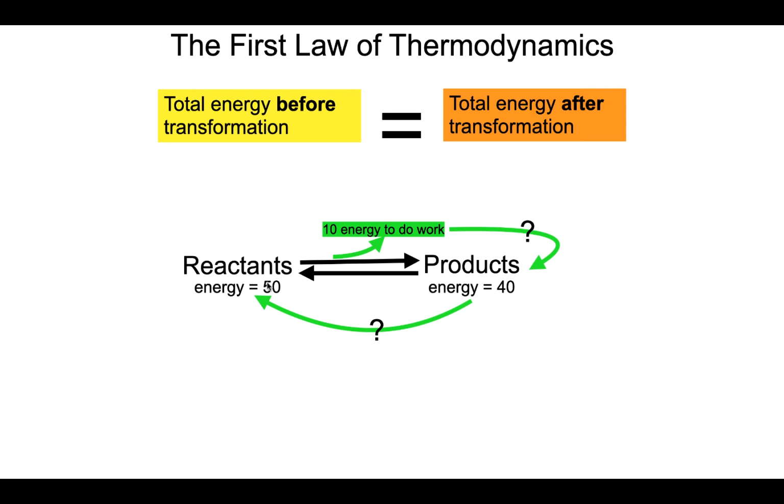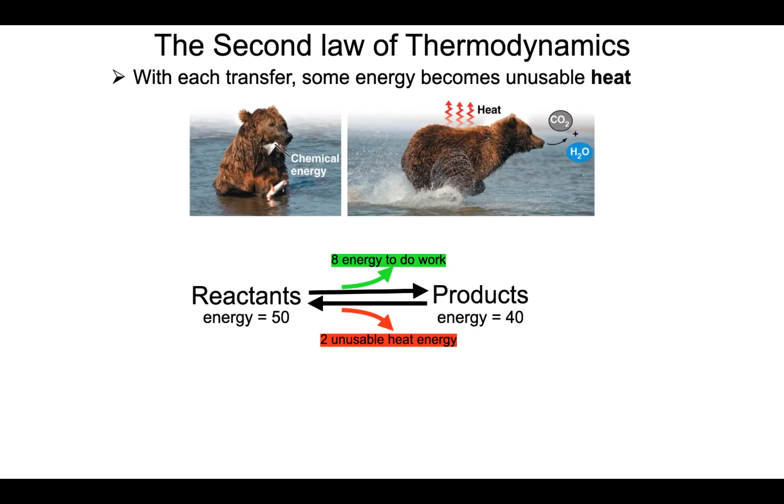And the answer is no, because the second law of thermodynamics states that with each transfer from one form, reactants, to another form, products, there is a certain amount of energy that is released that is unusable. It's heat energy. So when our reactants become products, we have to account for 10 units of energy.